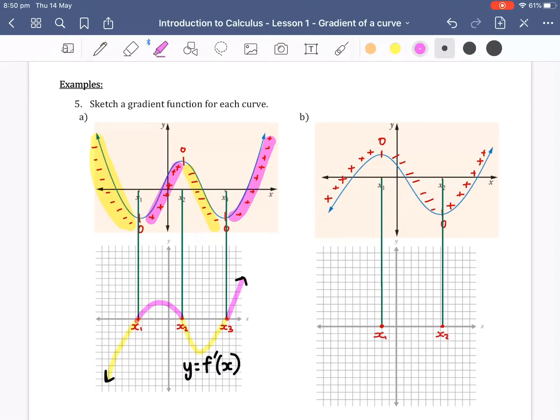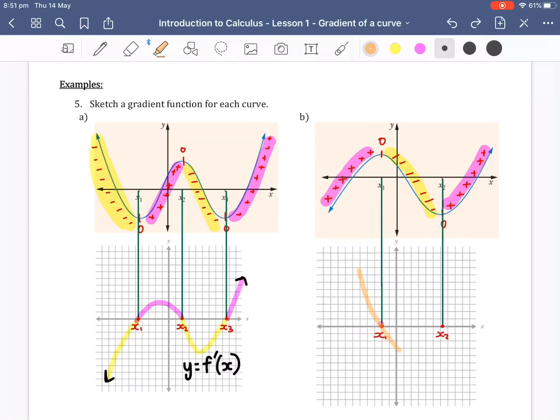So because our graph starts out positive in this one, that means our graph is going to start above the x-axis. Then it's negative, so that means it's going to go below the x-axis. And then it's going to go above the x-axis again. So our function is going to look like, I'm going to do all the one color.